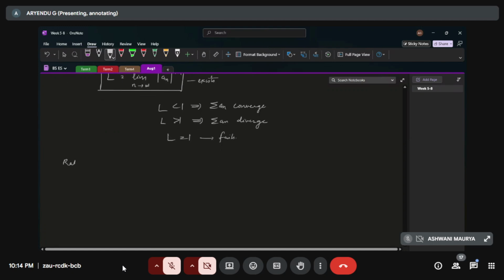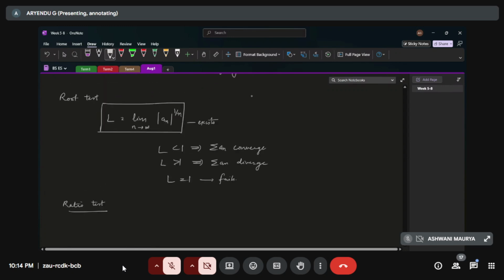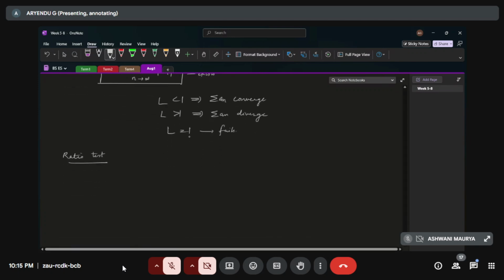And we have the ratio test also. One very common situation where you will be using the root test is if there are powers of n in the question, then using the root test will be useful because we are cutting it out with this value. So the ratio test also we'll see, and then we'll look at some examples.